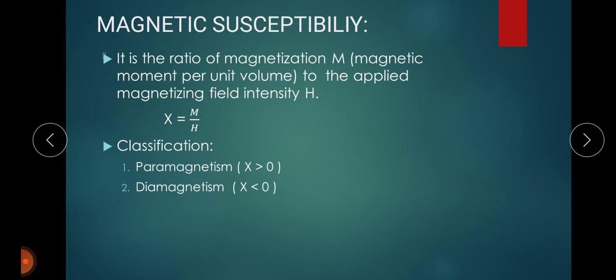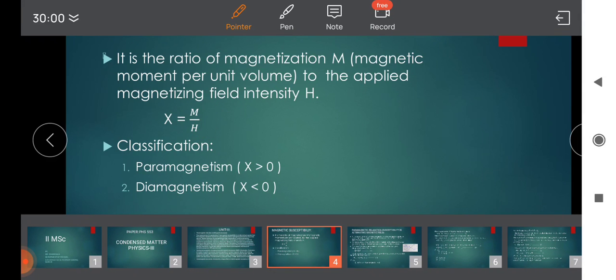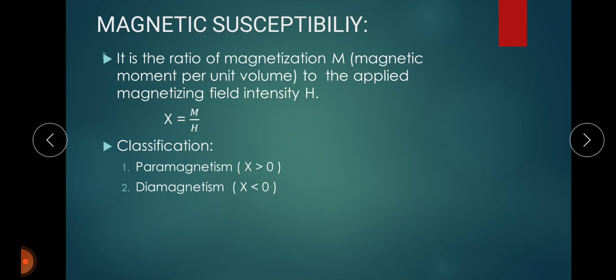Then Xi can be written as M divided by H, where M is the magnetization and H is the magnetizing field intensity. Then magnetization can be written as susceptibility times magnetic field intensity H.